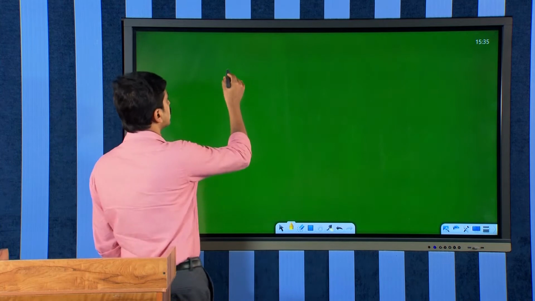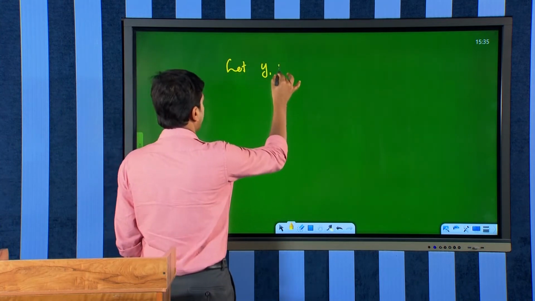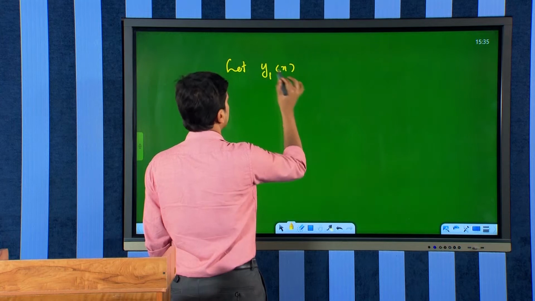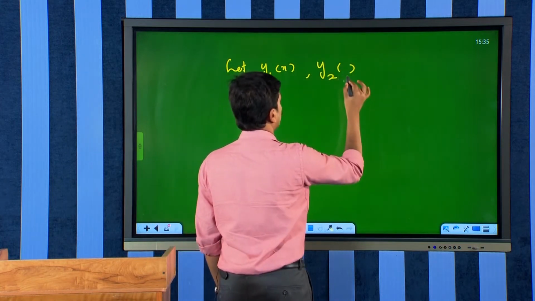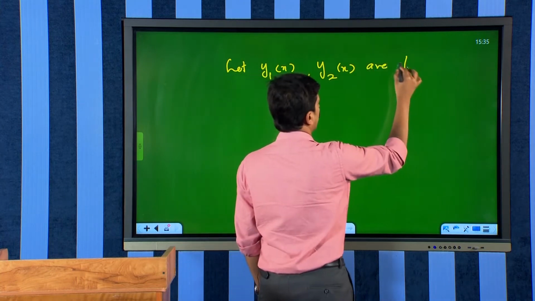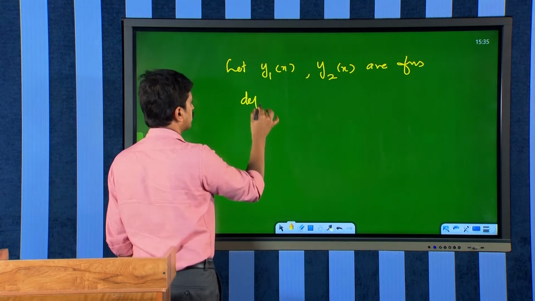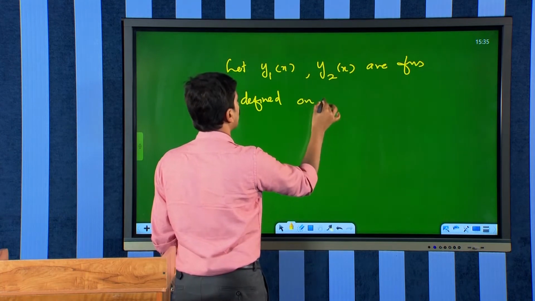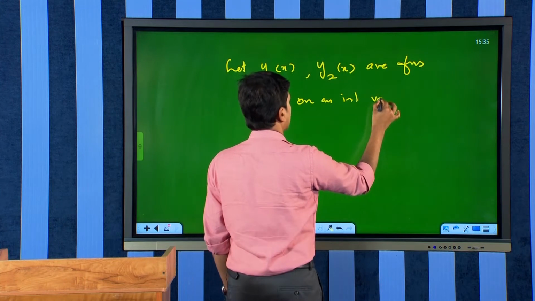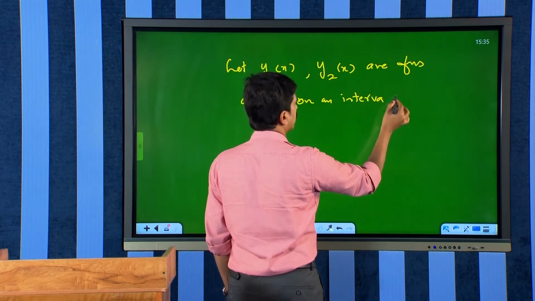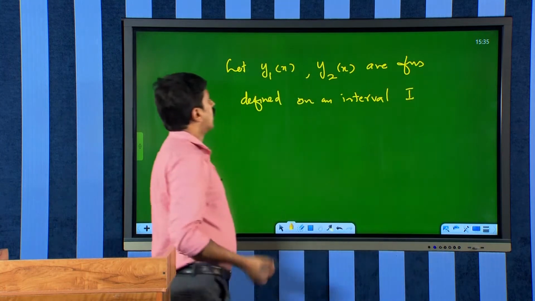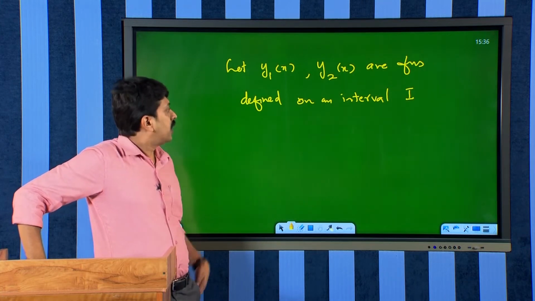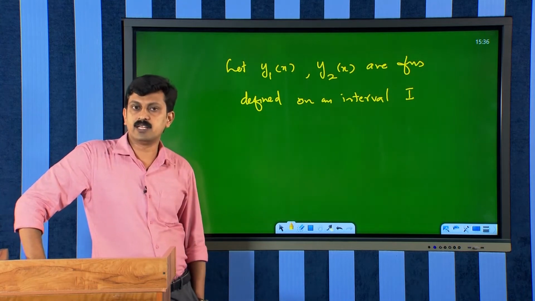Let y1(x) and y2(x) be two functions defined on an interval I. If they are proportional, we say that they are linearly dependent.